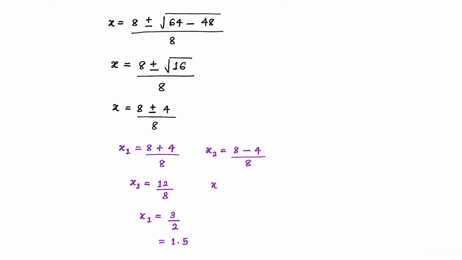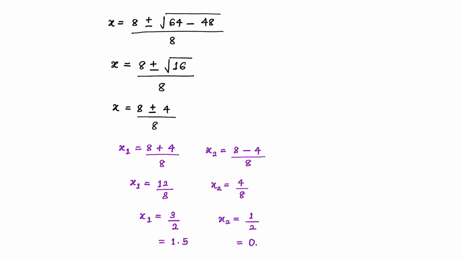And x2 equals 8 minus 4, that's 4, divided by 8. So x2 equals 4 divided by 8 will give us 1 over 2, or we can simply write it as 0.5. And that's the way we apply quadratic formula.